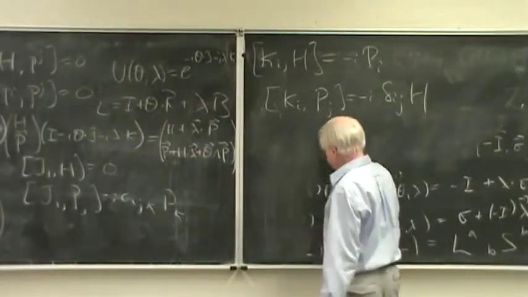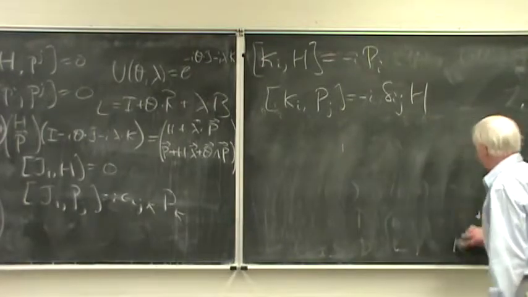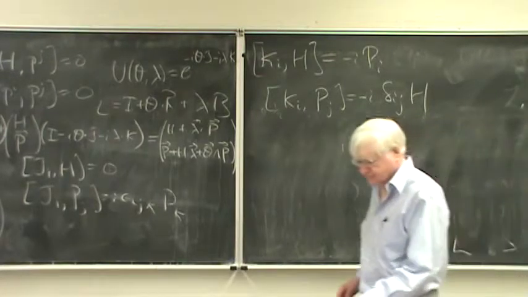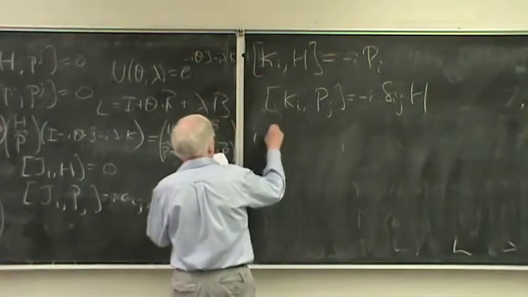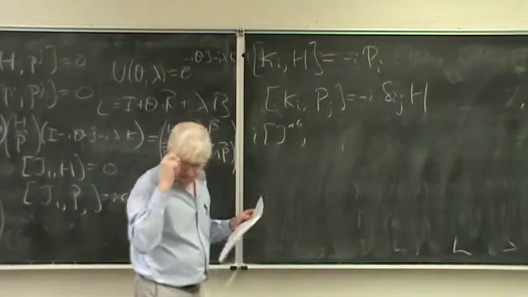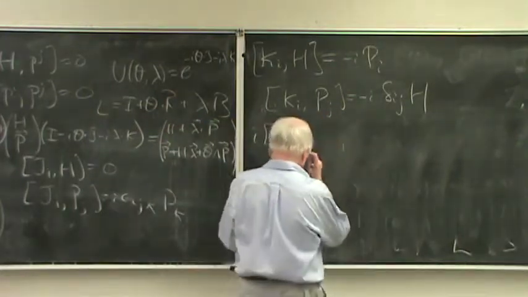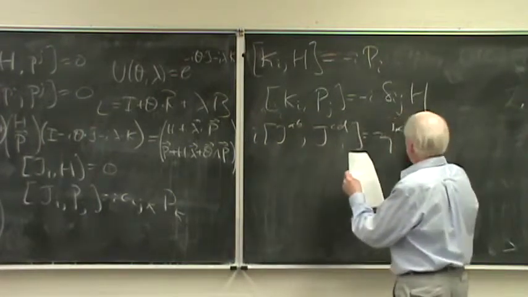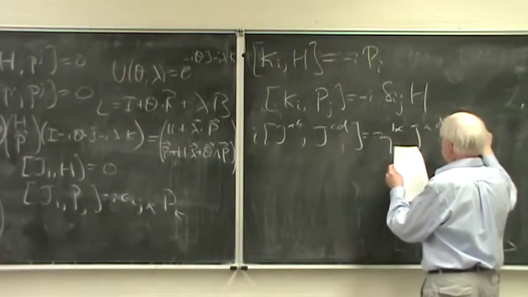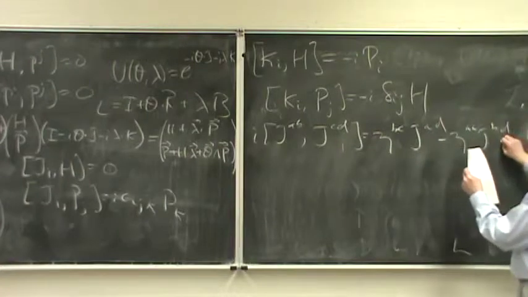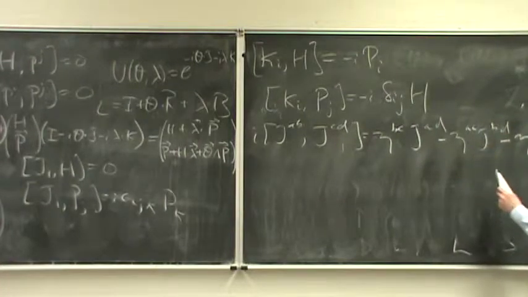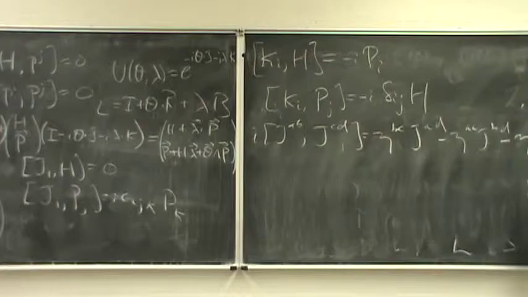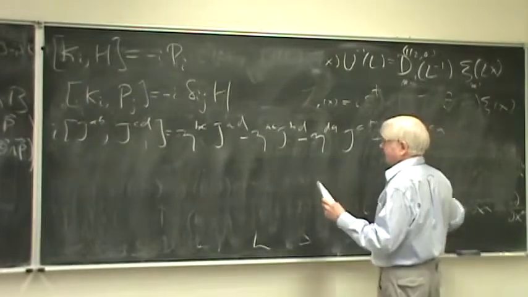Anyway, the gilded version of all these commutation relations then is: i [J_AB, J_CD] is η_BC J_AD minus η_AC J_BD minus η_DA J_CB plus η_DB J_CA.